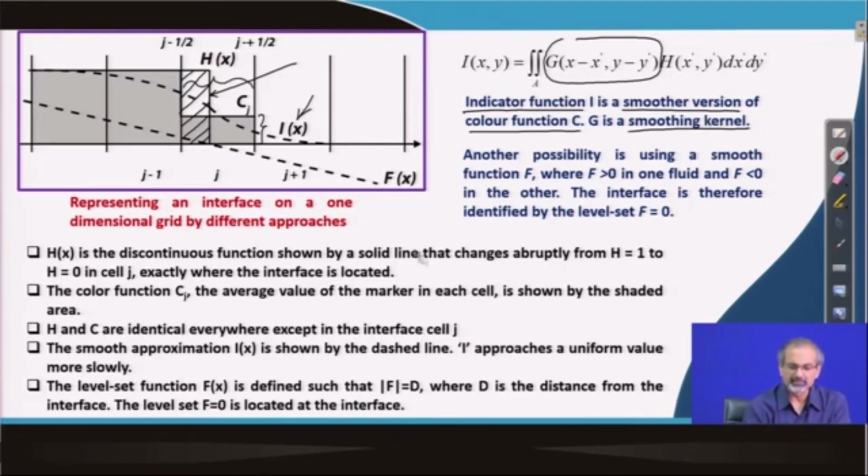Another possibility is the level set function, which we discussed in the previous lecture, which occupies a value greater than 0 in one of the fluids and less than 0 in the other fluid, and is exactly equal to 0 at the interface. This dashed line is crossing over the interface where the function goes to 0. So you have smoother indicators defined through I and f, and of course the level set function is defined in a manner where the modulus of the function generates the distance information from the interface.